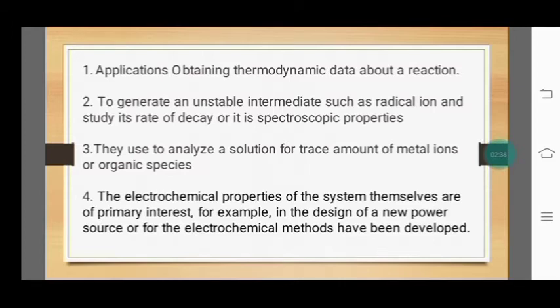Third, to analyze a solution for trace amounts of metal ions or organic species. And the last one is where the electrochemical properties of the system themselves are of primary interest, for example in the design of a new power source, for which electrochemical methods have been developed.